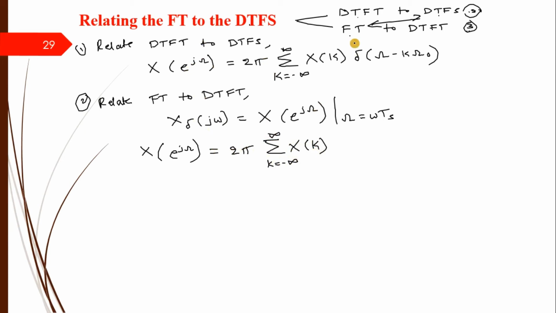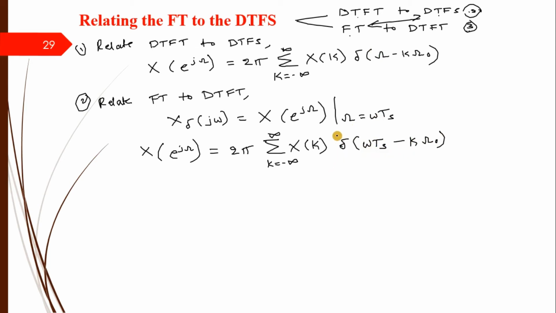Okay, so here delta of, in place of capital omega, what I'm supposed to do? I'm supposed to replace small omega Ts minus k omega naught. Don't replace omega naught. Omega naught is a constant. It's a fundamental frequency. Don't replace it with omega Ts.